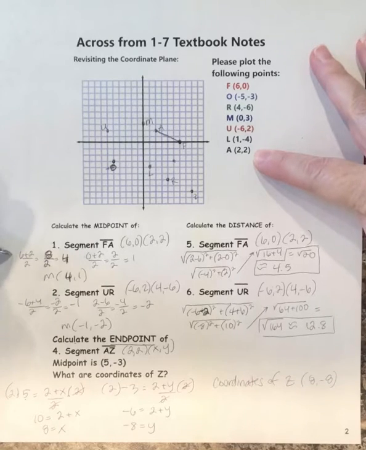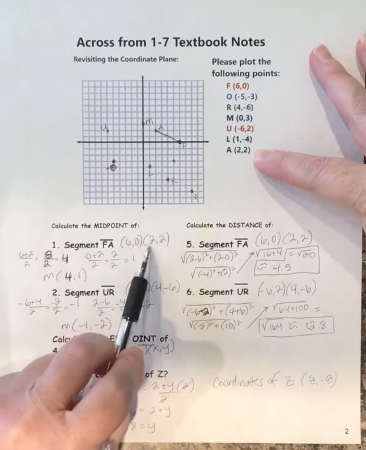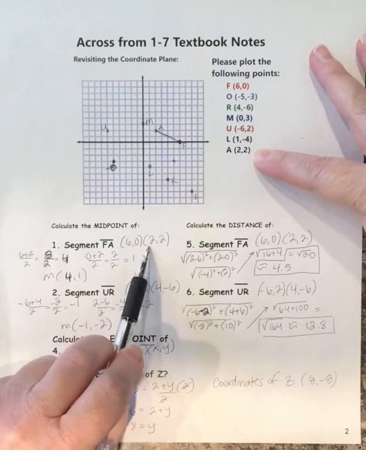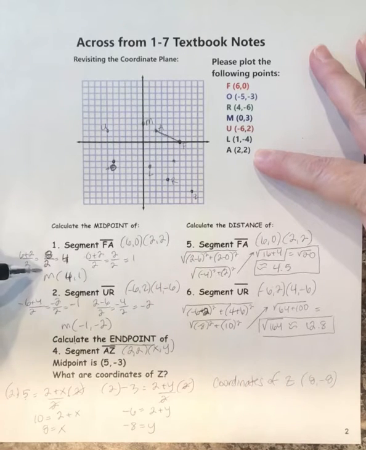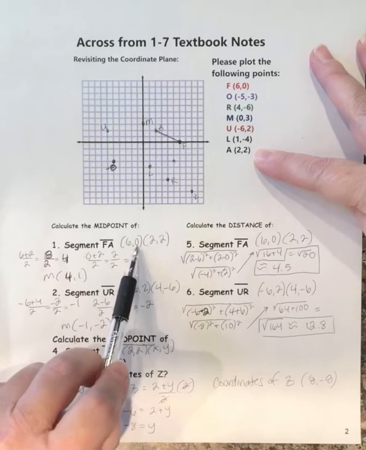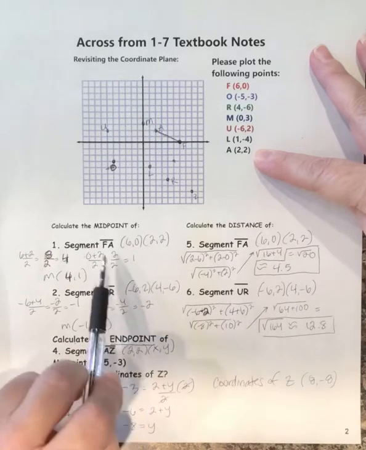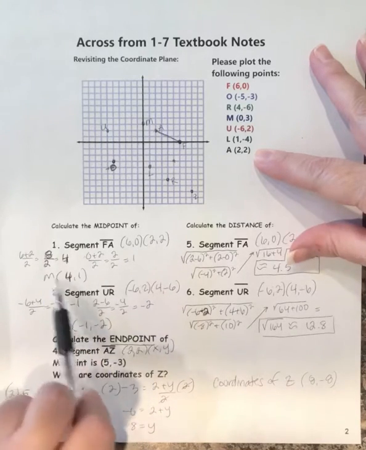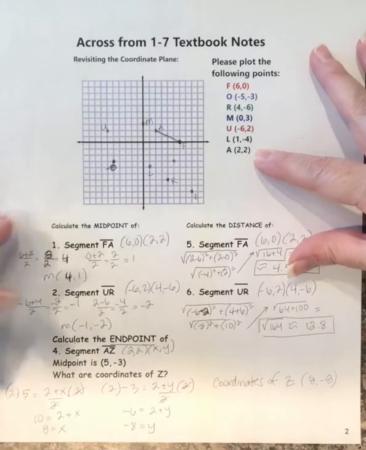So that's what I'm going to use. Again, my midpoint formula is I'm adding the two x coordinates and then dividing by 2. So 6 plus 2 is 8, and 8 over 2 is 4. And then I do the same with the y's. So 0 plus 2 is 2, and 2 divided by 2 is 1, which means my midpoint is 4, 1.